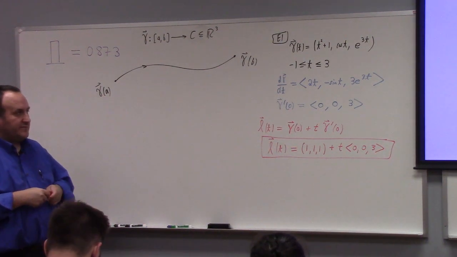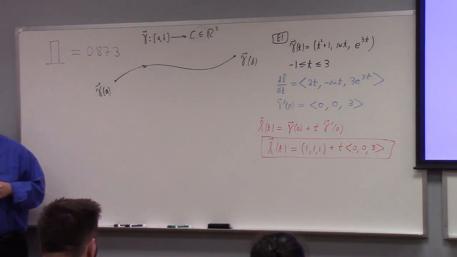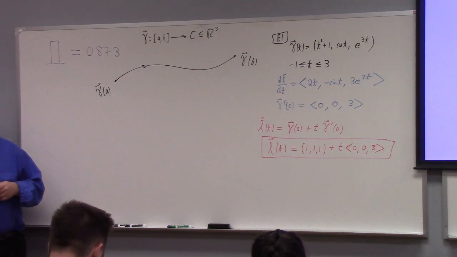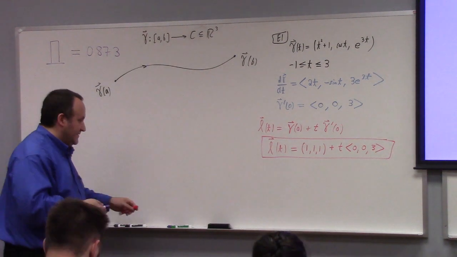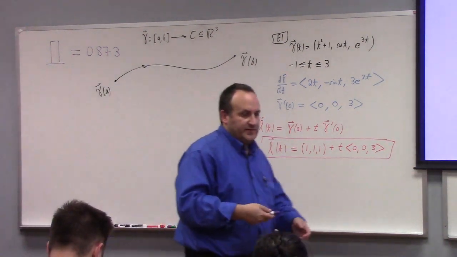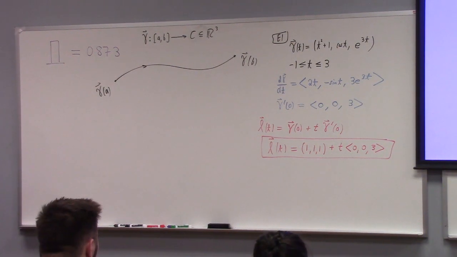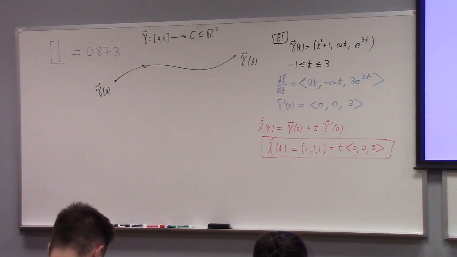All right, so there's just a little review for you. I would be shocked if I did not ask you on the test to find the parameterization of a tangent line to a space curve at some point. I would be surprised if that didn't come up on the test somewhere.